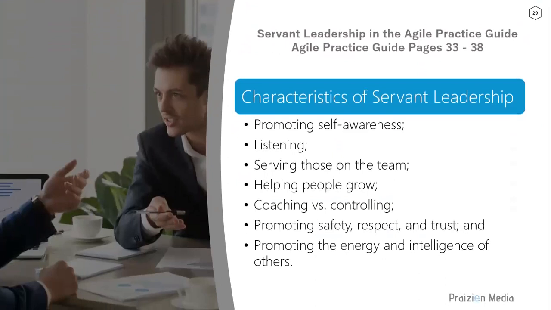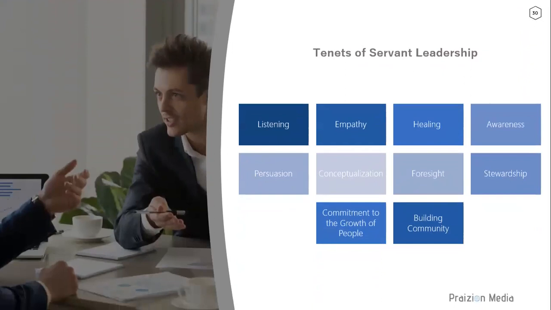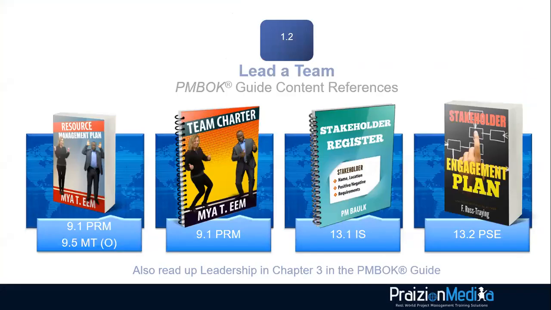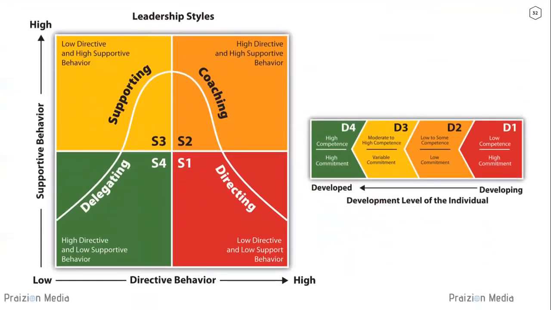For example, from the Agile Practice Guide, tenets of servant leadership, for example, and areas in your PMBOK Guide, the specific areas in the processes, and the specific inputs or outputs as we see fit. So we get very, very heavy into the content. It's a very deep and detailed course.